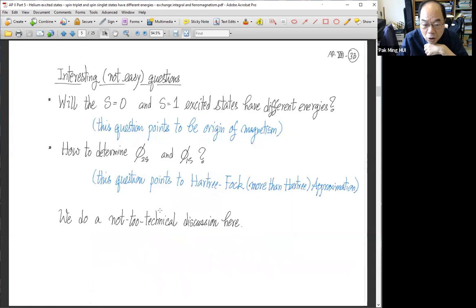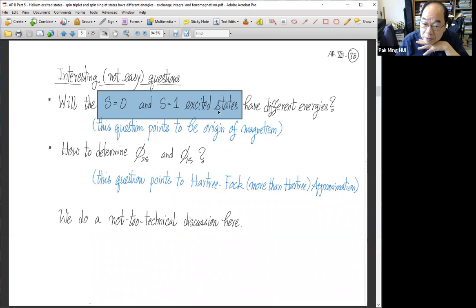An interesting question then follows. Will these 2 excited states have the same or different energies? Last time, we argued qualitatively that they should have different energies.